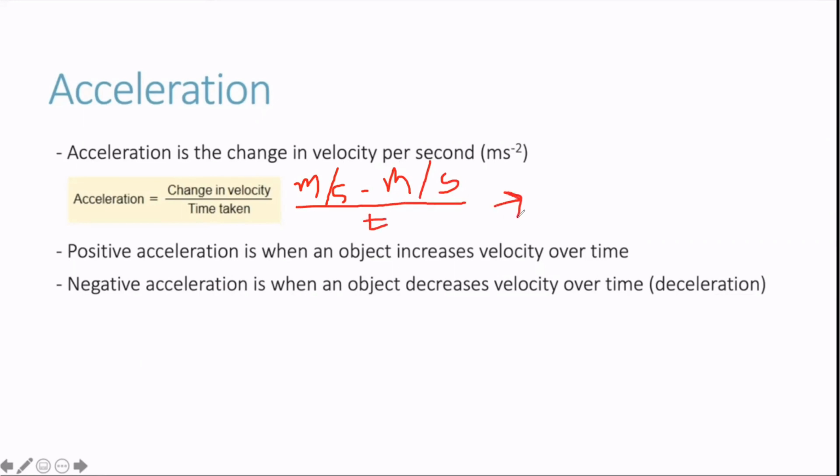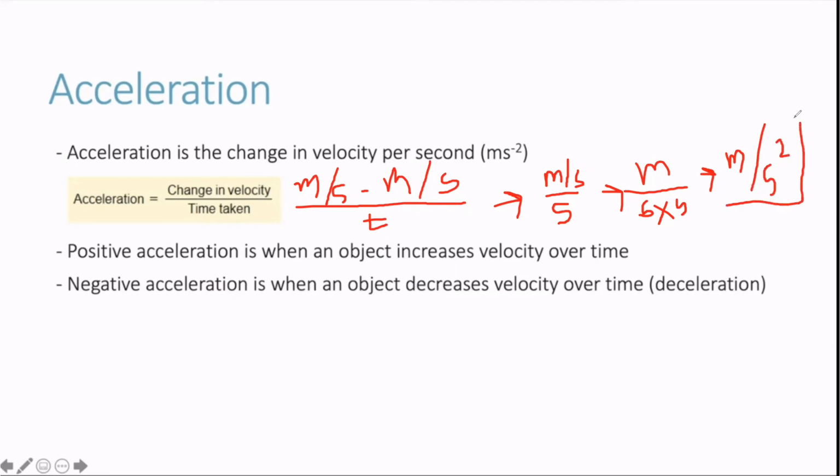Time's standard unit is second. So meters per second upon second. So what do we get here? Meters divided by second into second, so we get meters per second square. So this is how we get this unit for acceleration. Well, it's not a standard unit, it's a derived unit. As you can see here, we did derive it, but the main unit for acceleration is meters per second square.